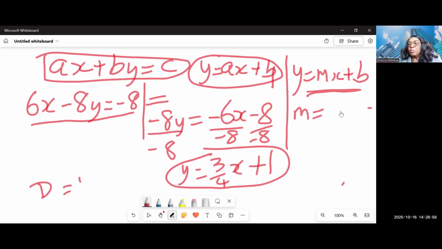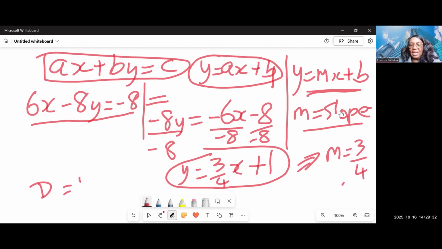So that means whenever I am given the equation and I isolate y, the coefficient of x is always the slope. So now I know the slope. The slope is 3 over 4.